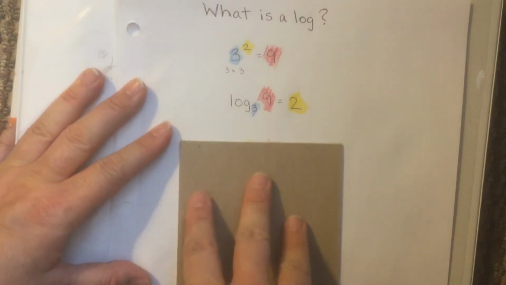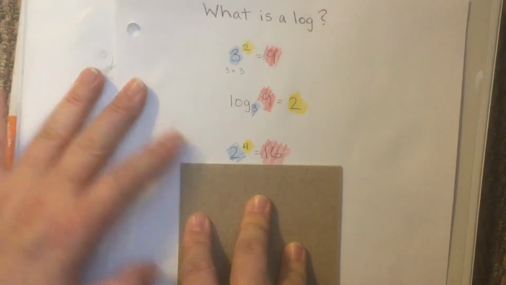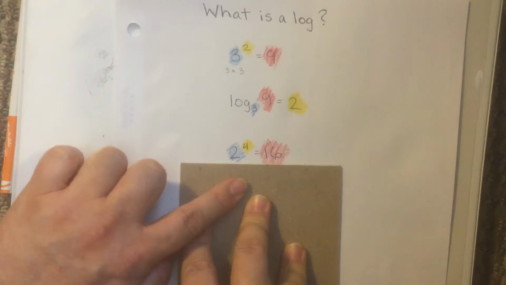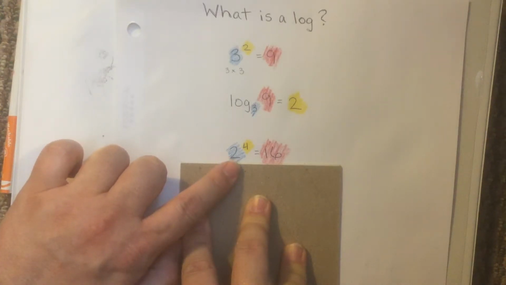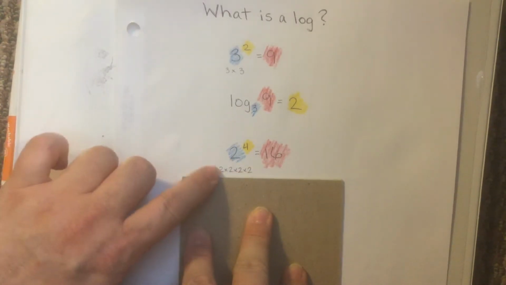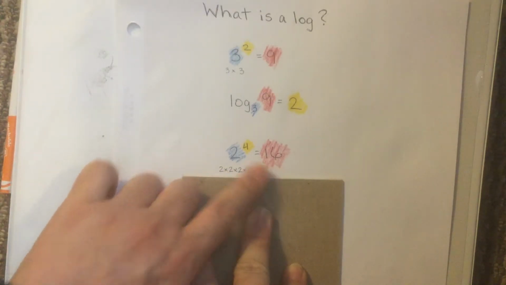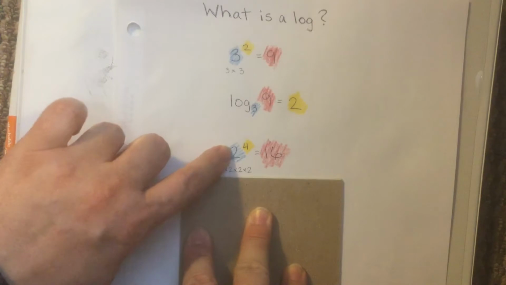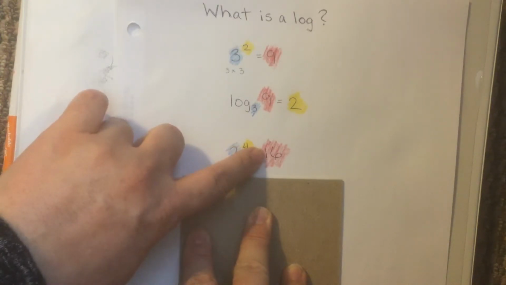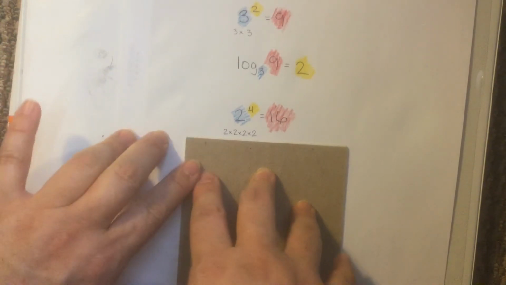All right, so another example is 2 raised to the 4th power is 16. That's 2 multiplied by itself 4 times. In other words, 2 times 2 times 2 times 2, and that equals 16. So 2 is our base, 4 is our exponent, 16 is our argument. How would this be written in logarithmic form?